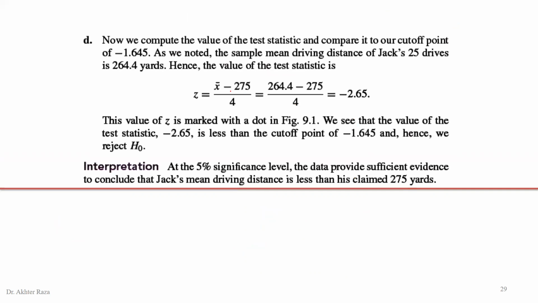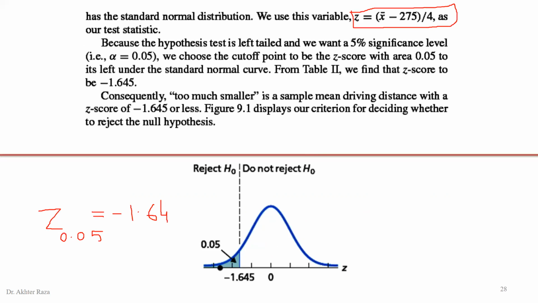Now in this case, the value of x bar is 264, and if the value of x bar is substituted into the Z formula, the Z statistics is minus 2.65, and this is minus 1.64.